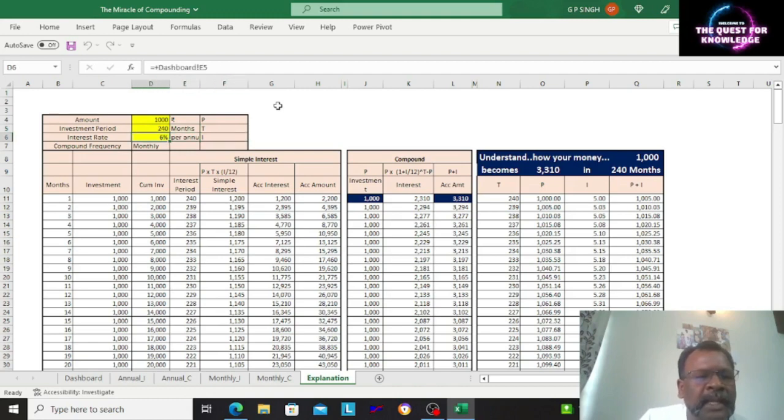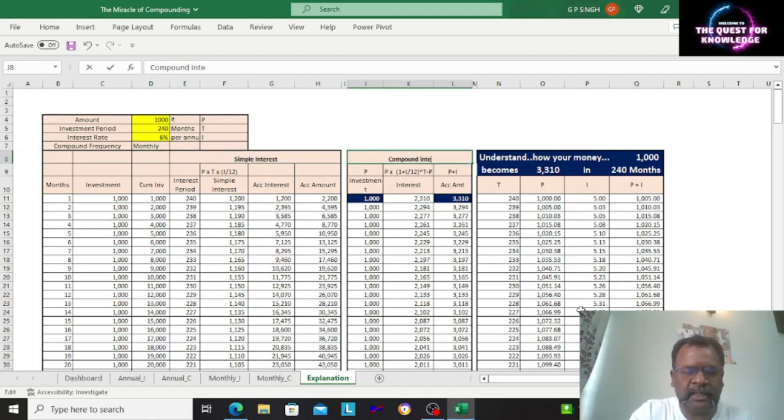Okay, and the compounding frequency is monthly. It means the interest will be calculated at the end of the month. If we consider different compound frequency, for example daily or weekly, the results will be different. So let's first understand the simple interest, and then we'll go to compound interest.